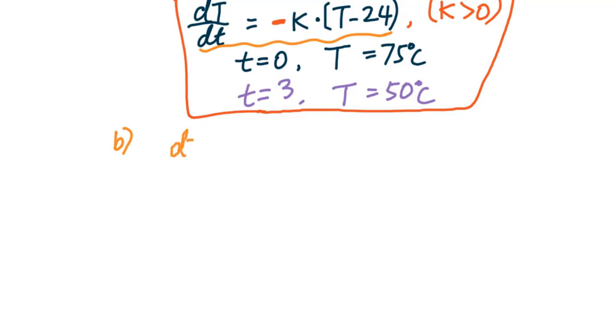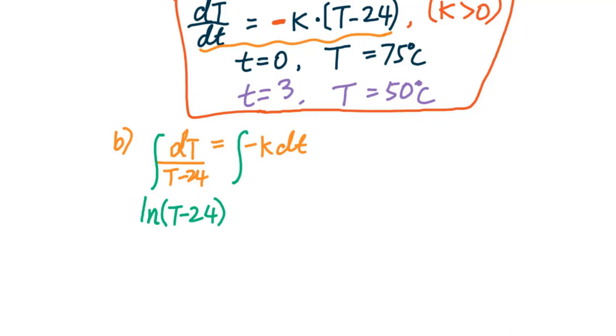Multiply both sides by dt, then divide by T minus 24. You will get dT over (T minus 24) equals negative k dt. Then you take the integral of both sides. You will get the natural log of |T minus 24| equals negative k times t plus c. On both sides make e the base, raising to the power.